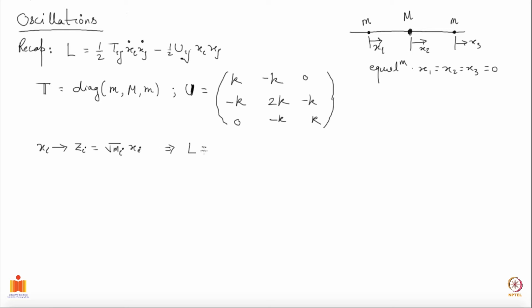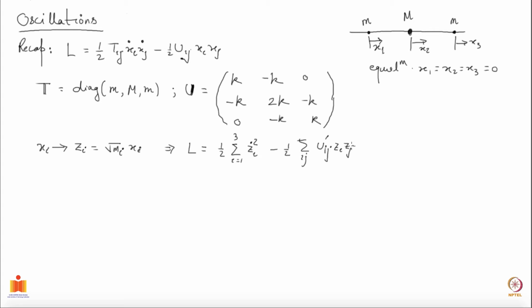Then your Lagrangian becomes half sum of zi dot squared, that's the kinetic term, minus half sum over ij, they all run from 1 to 3, uij prime zi zj.